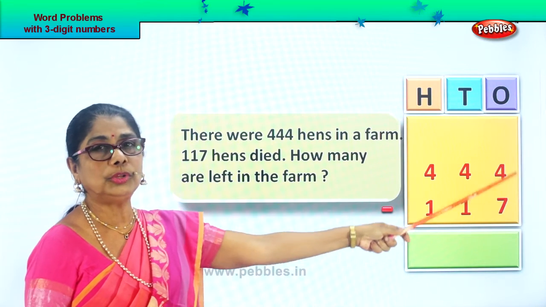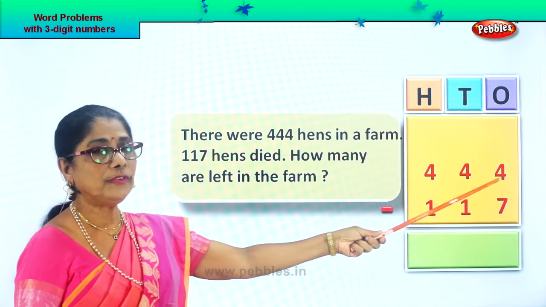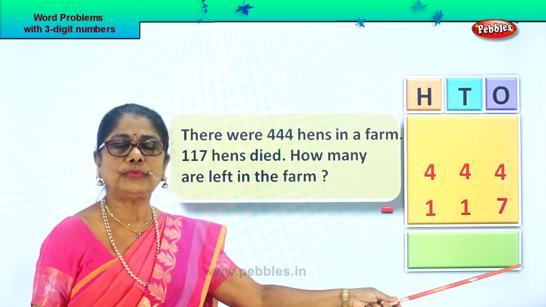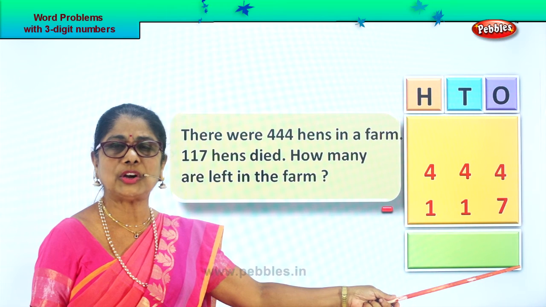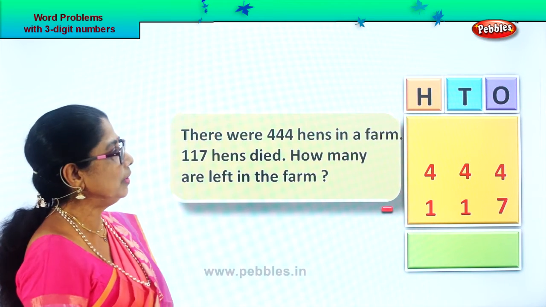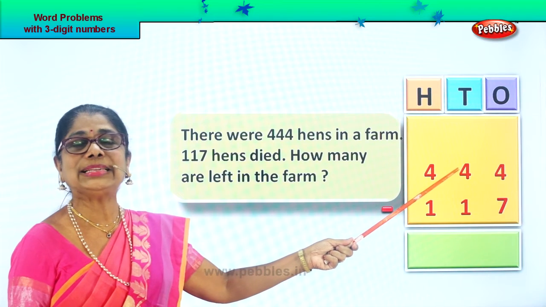Let's go to the ones place. We have 4 ones minus 7 ones. 4 ones minus 7 ones cannot be done. 4 is a smaller number than 7. We'll borrow 1 from the tens place.